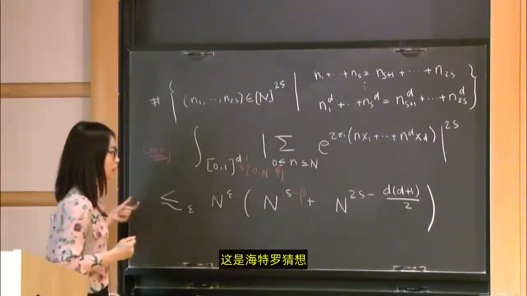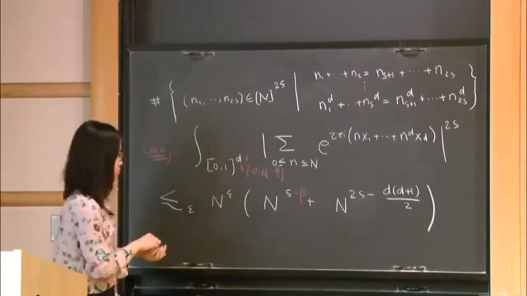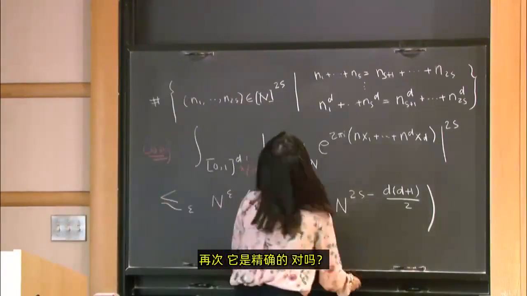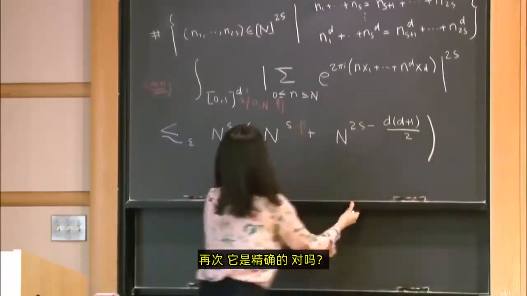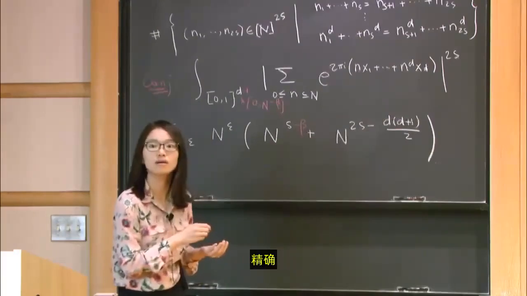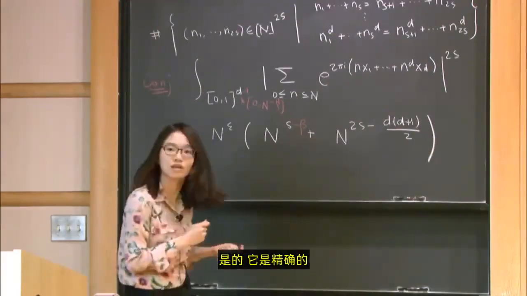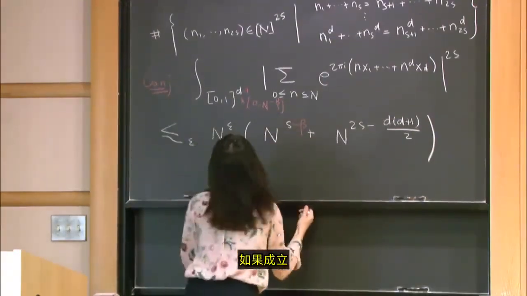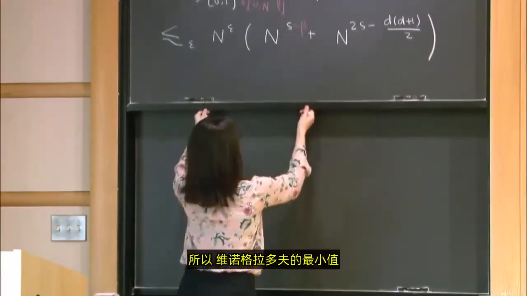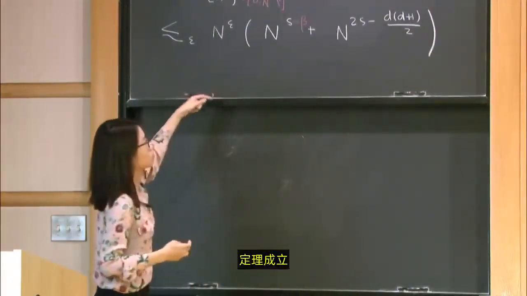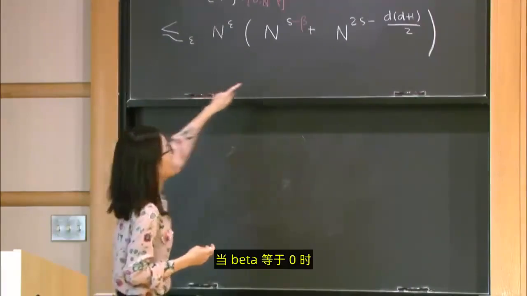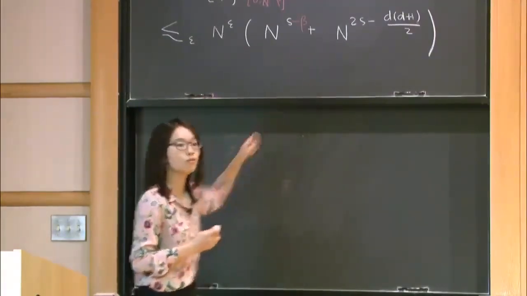This is a conjecture by Heath-Brown. Again, it's sharp, right? Yes, it's sharp. So the Vinogradov mean value theorem is the case where beta equals 0.